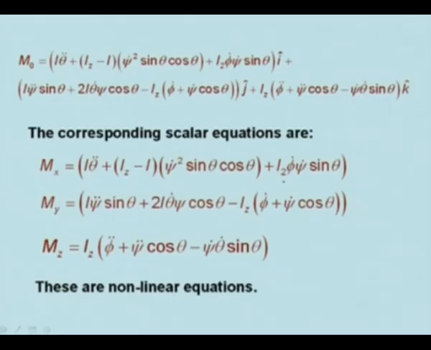The corresponding scalar equations are Mx equal to I theta double dot plus (Iz minus I) psi dot square sin theta cos theta plus Iz phi dot psi dot sin theta, and My will be I psi double dot sin theta plus 2I theta dot psi dot cos theta minus Iz (phi dot plus psi dot cos theta) theta dot, and Mz will be Iz (phi double dot plus psi double dot cos theta minus psi dot theta dot sin theta).